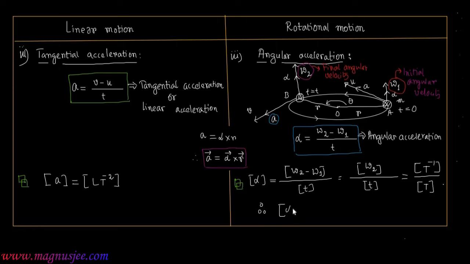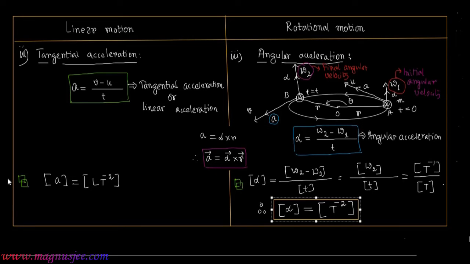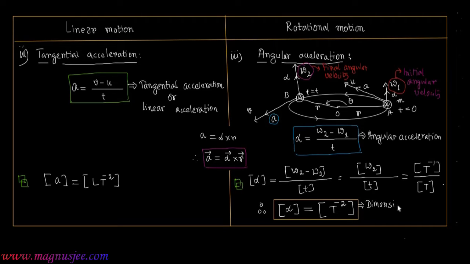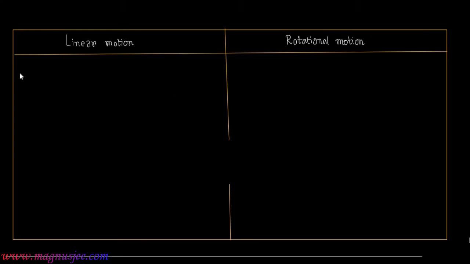Therefore, dimension of alpha is equal to t to the power minus 2. So, this is the dimensional formula of angular acceleration.